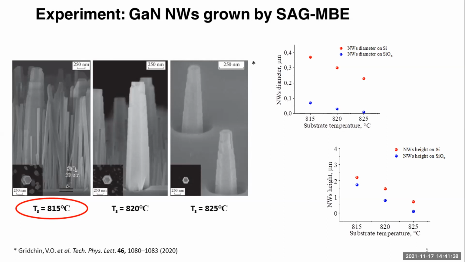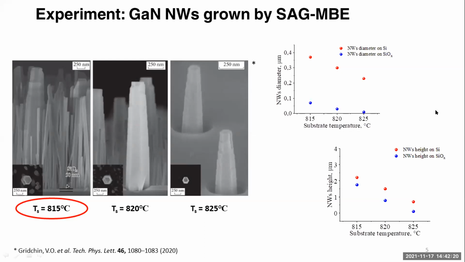As you can see, in the range of growth temperatures between 815 and 820, gallium nitride nanowires are formed both on the silicon in the holes and on the inhibitor layer. The selective growth mode of the nanowires is achieved by increasing the substrate temperature to 825 degrees. At a higher temperature, nanowires were not formed.